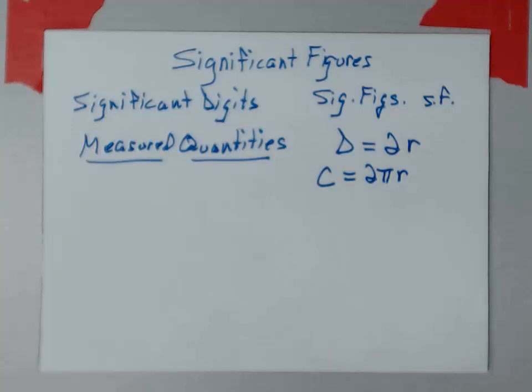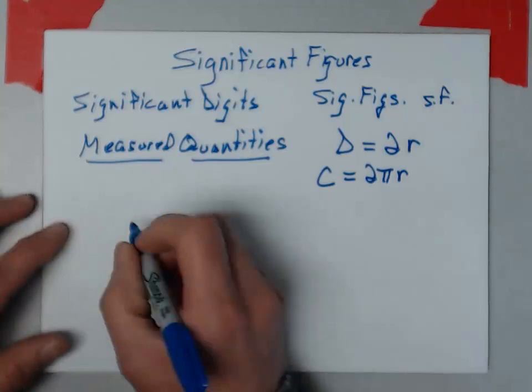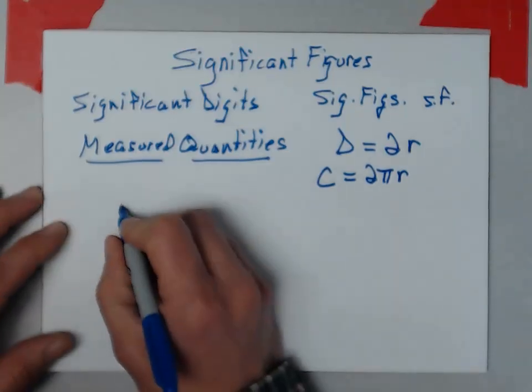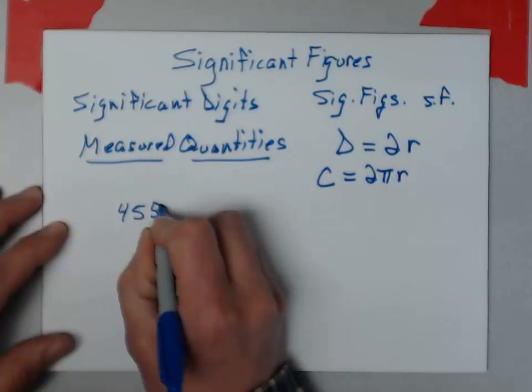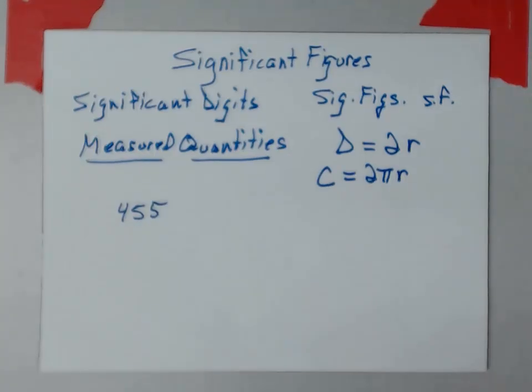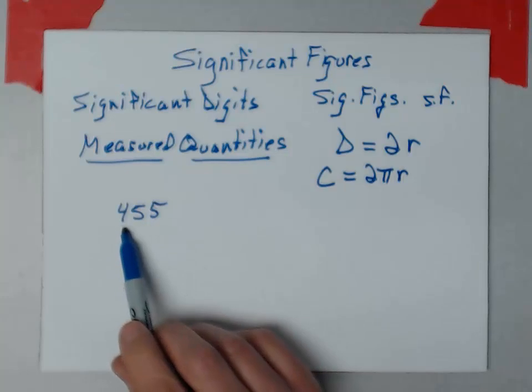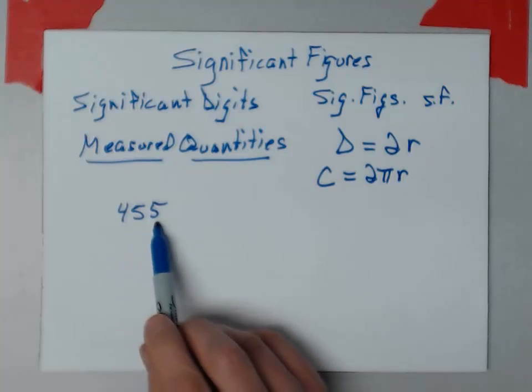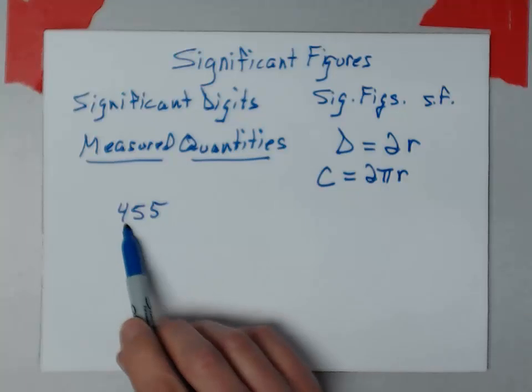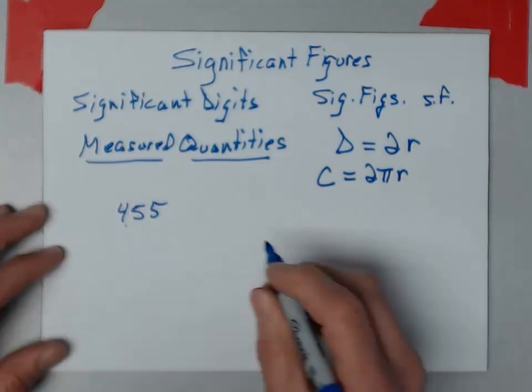I'm going to write several numbers, all of which will have 3 significant figures. My first one would be 455. That's a number that has 3 significant figures. I count from the leftmost non-zero digit to the rightmost non-zero digit: 1, 2, 3. Got that. That one's pretty easy.